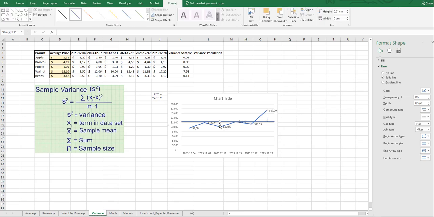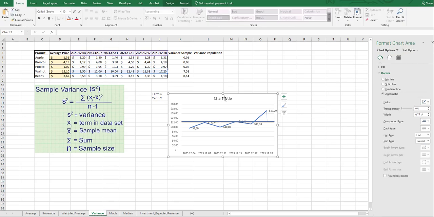Theoretically you just sum these distances or these deviations from the mean and divide by the sample size minus 1 if you calculate sample variance. If population, then with the total population size.